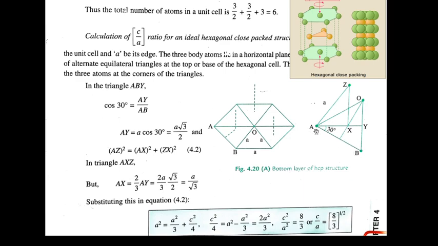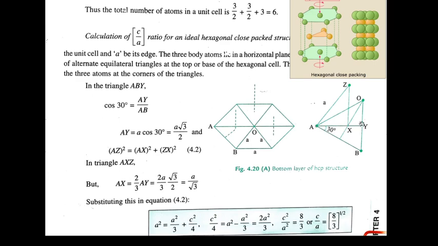Okay, and now from A, I am taking a normal on OB. So that normal is AY on OB, and this AY is on the OB line segment, correct, and therefore we are splitting the angle A, and half of the angle would be 30.